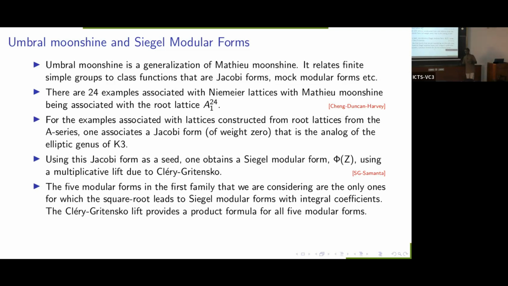If you look at the Fourier coefficients of those, the dimensions, or sums of dimensions, of the irreducible representations of that group appear mysteriously. So that's the moonshine story.